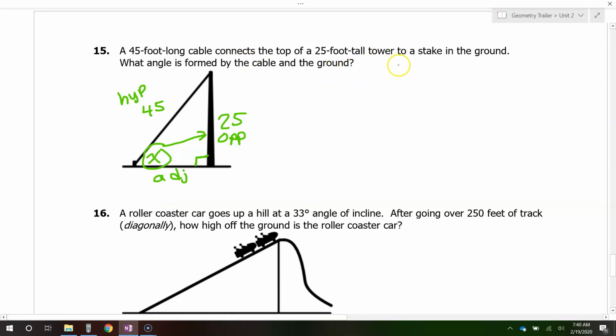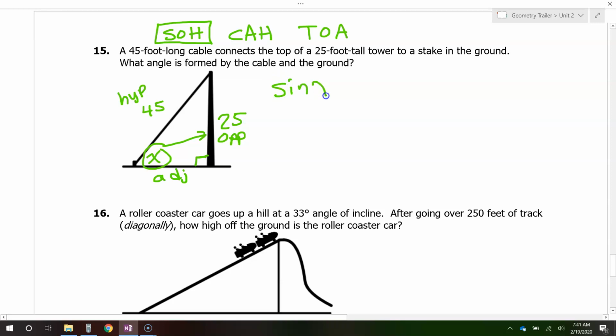Next, write Sohcahtoa somewhere. I'm going to squeeze it in right here. Sohcahtoa. Now, which one should we use though? Look at the sides. We have 25 and 45. That's opposite and hypotenuse. Oh, sine is opposite over hypotenuse. So let's use that.